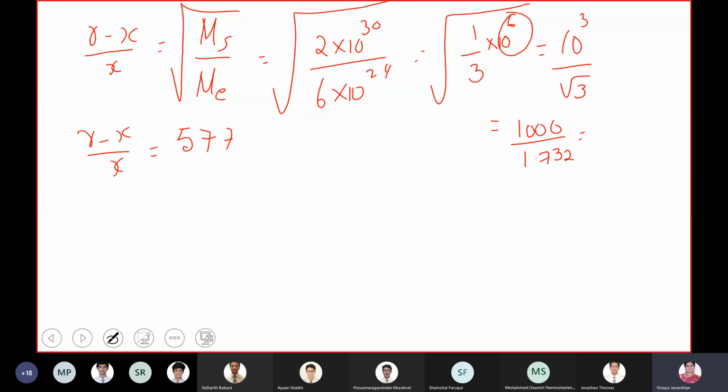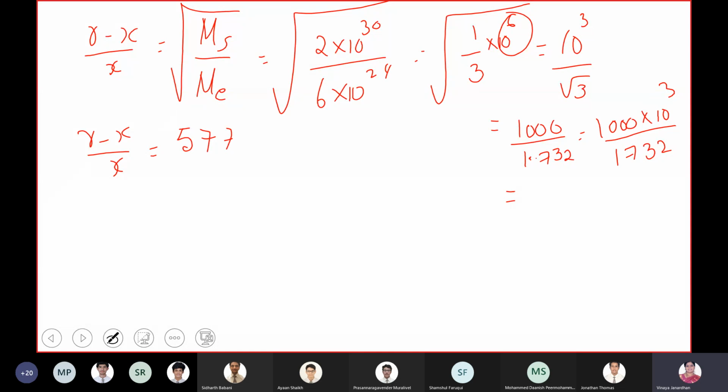So if I want to shift, I can again multiply by 1000. I can make the whole number. Yes or no, boys? I'm making the denominator a whole number by multiplying by 1000, and then the numerator also should be multiplied by 1000.